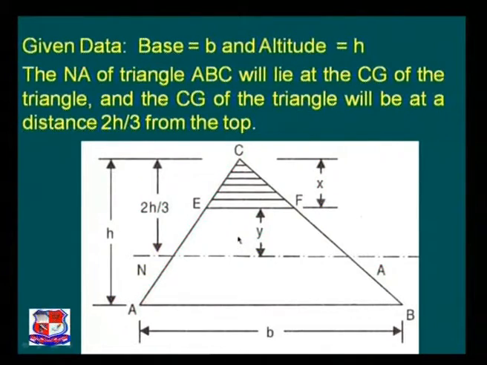Likewise, the F value which has been given to us is F itself. I is the moment of inertia of this triangle about the neutral axis, and B is the base width at the layer EF, because our intention is to find out the variation of shear stress at layer EF.